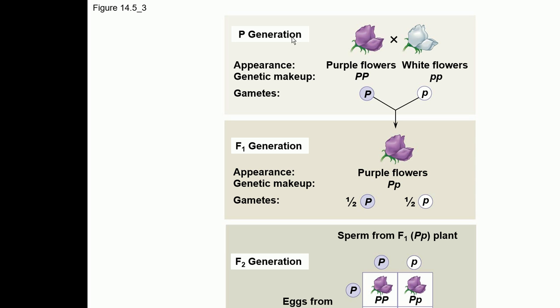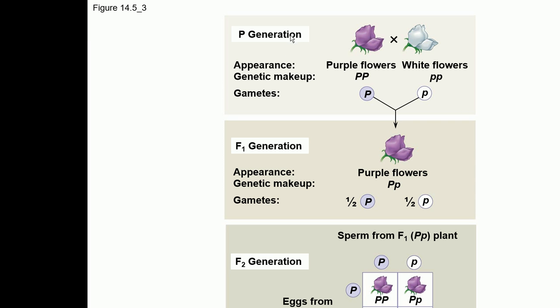So if this is a plant with purple flowers, which is a pure plant, and this is the plant with white flowers, the pure white plant, this is the genotype, capital P, small p. So these are the alleles on the chromosomes. During meiosis, there will be separation of these alleles, and that results in the formation of gametes.